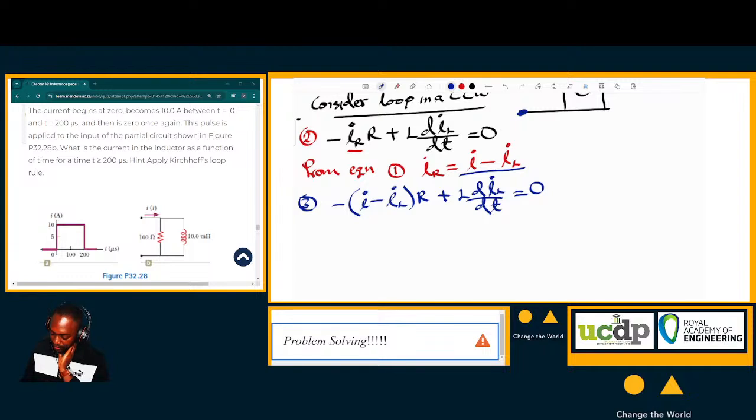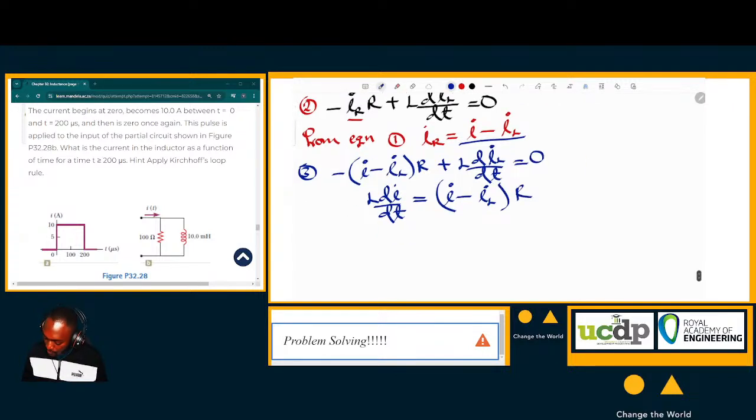So we can have it like this: L di over dt equals, now that becomes positive, I minus IL multiplied by R.